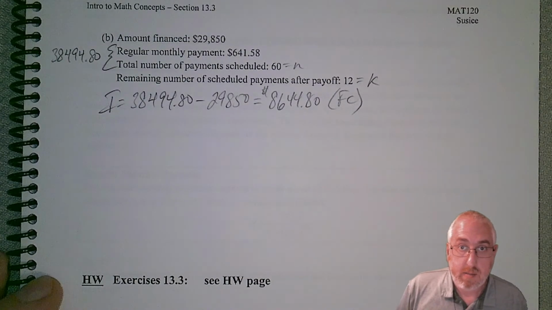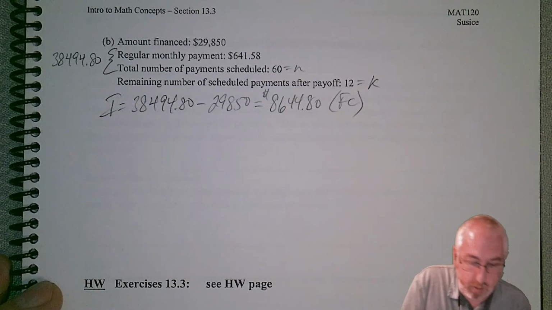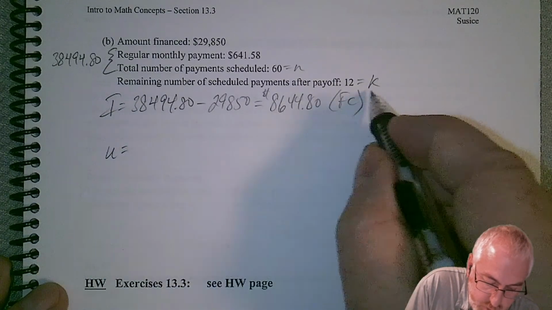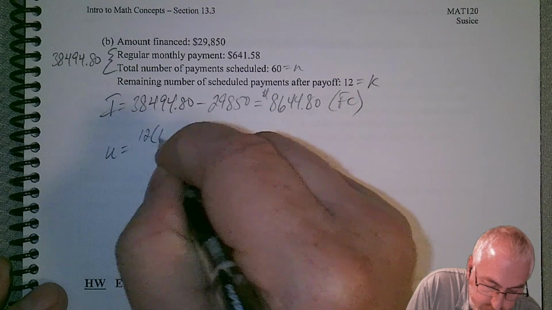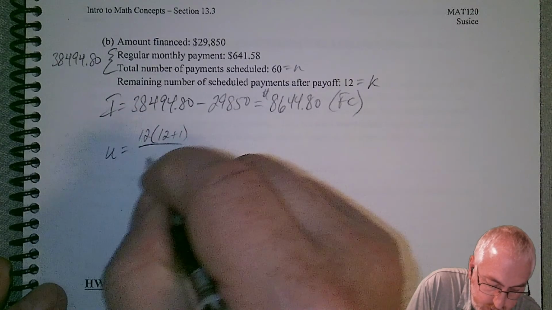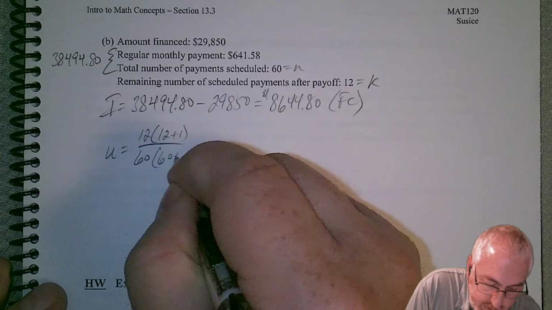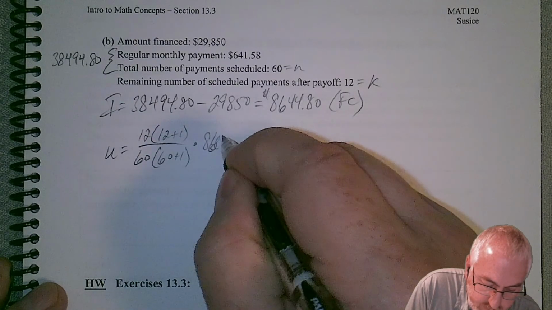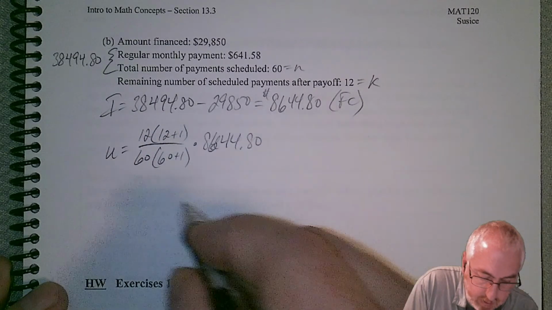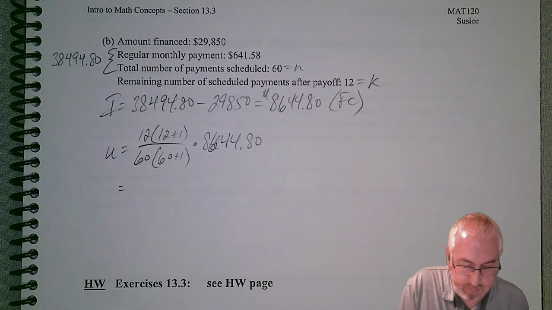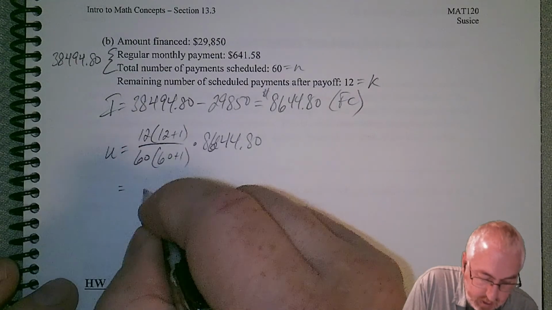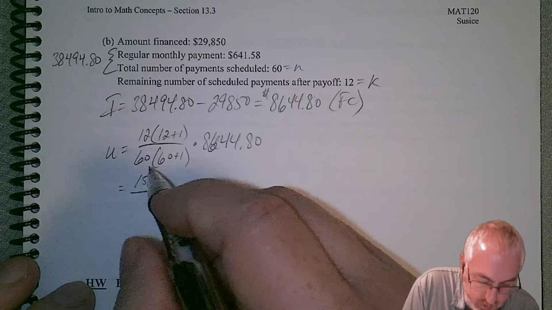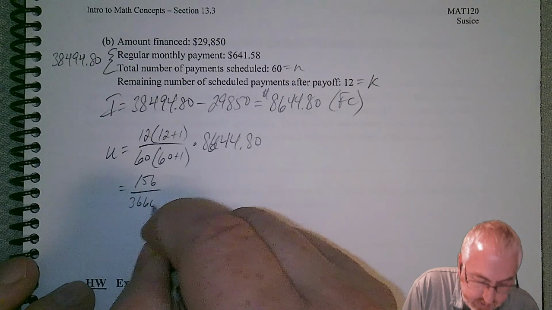And we should be good to go, right? So K is 12. 12 times 12 plus 1 over 60 times 60 plus 1 times 8644.80. So 12 times 13 is 156. 60 times 61 is 3660.